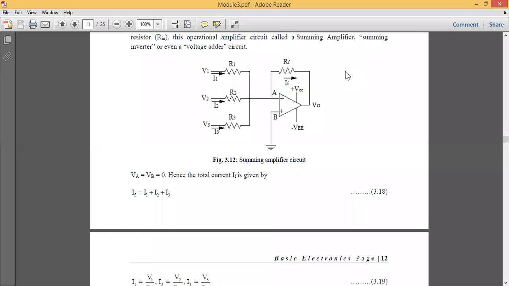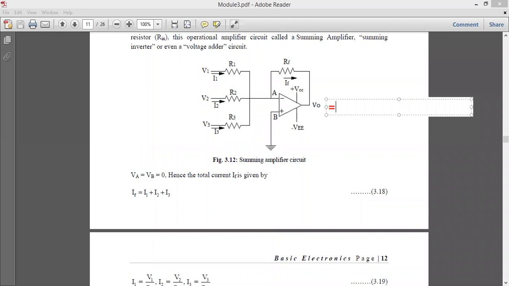Therefore your V out is equal to minus of V1 plus V2 plus V3. If you have more V values like V4, V5, V6, you simply go for V4 plus V5, plus etcetera. In this way we find the output voltage of the summing amplifier.